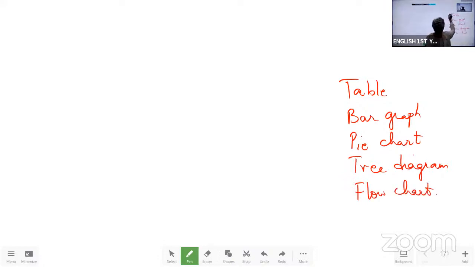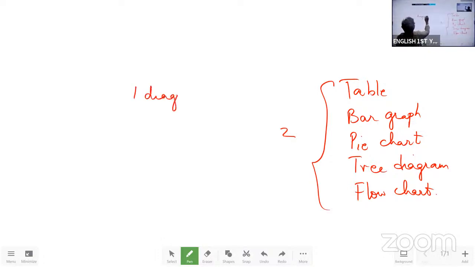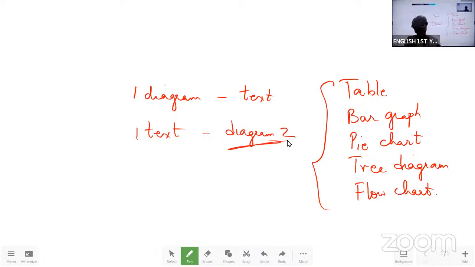Out of these 5, we get a choice of 2. One comes as a diagram to be converted to text, and one text to be converted to diagram. Always remember, children, go in for a diagram, because diagram fetches you full marks.